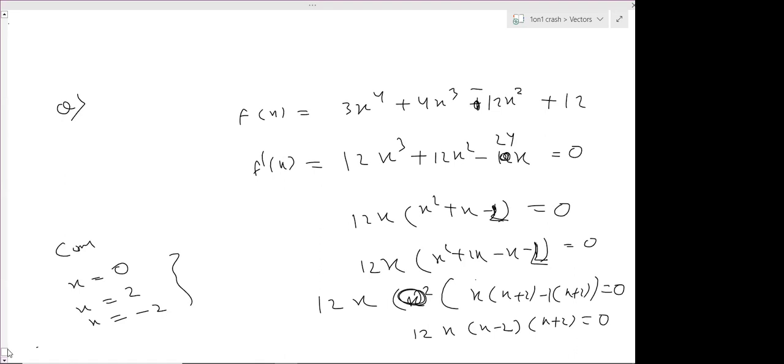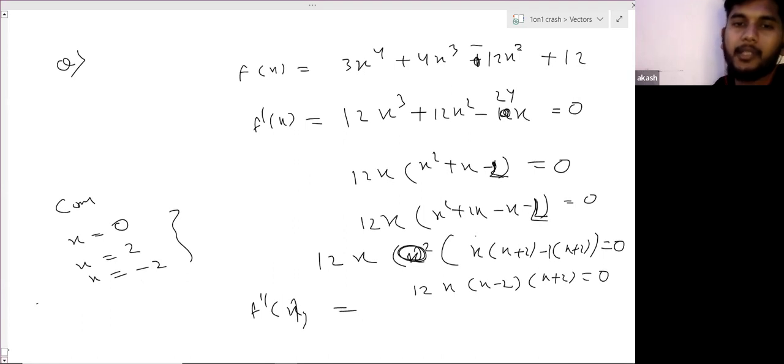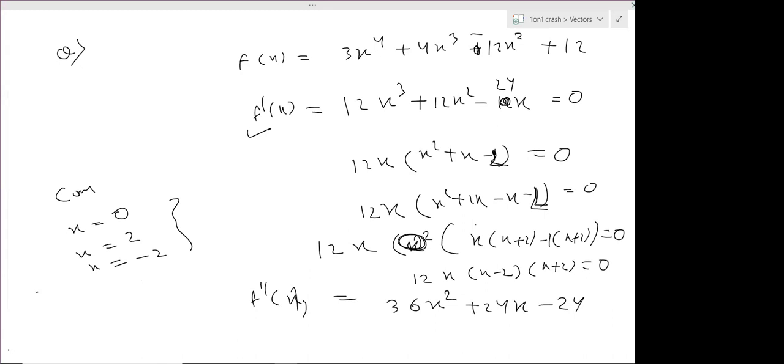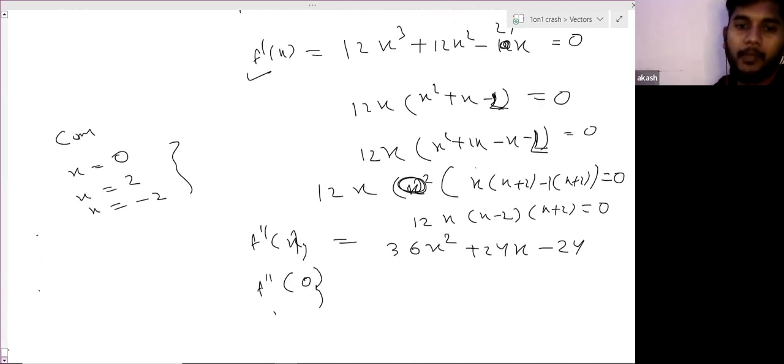Now what we have to do is find f double dash x. That means differentiate this function again. So we will get 36x square plus 24x minus 24. Now find f double dash 0, f double dash 2, f double dash minus 2.